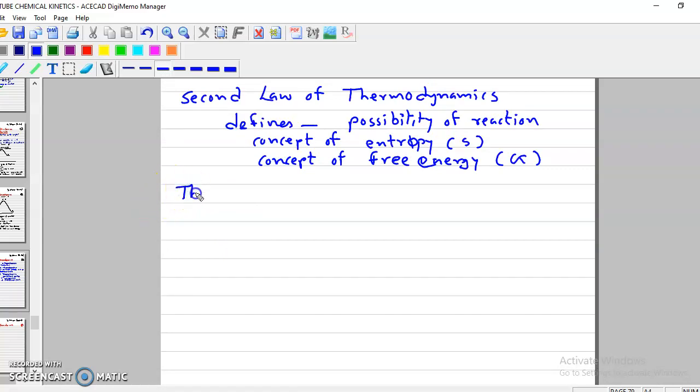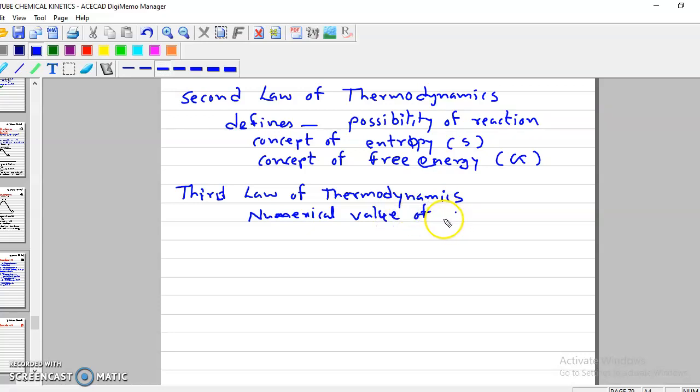Then we have the third law of thermodynamics, which gives the numerical value of entropy.